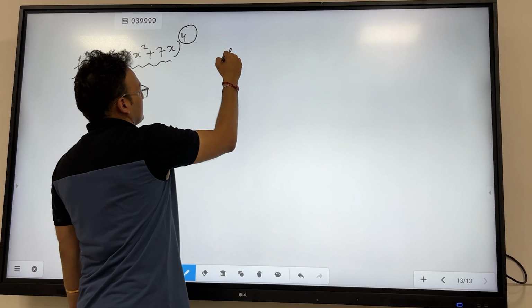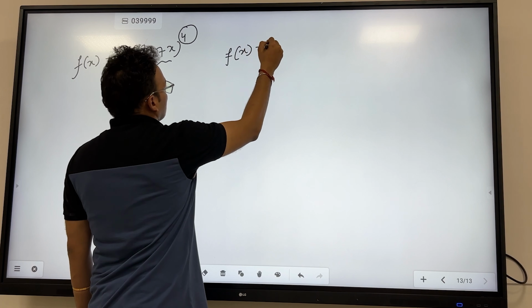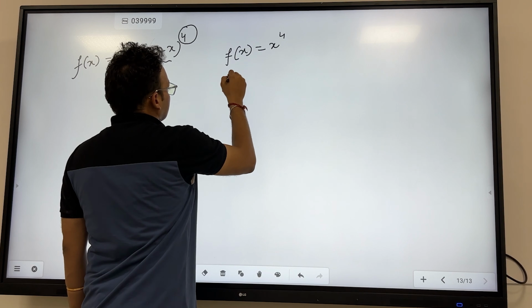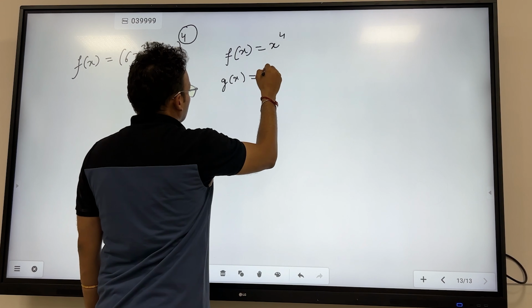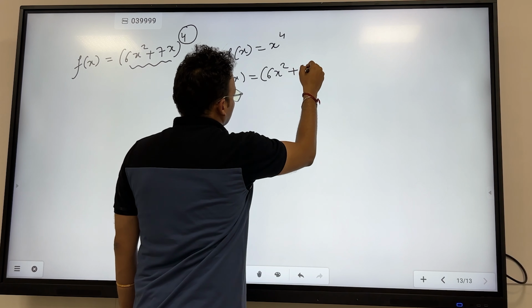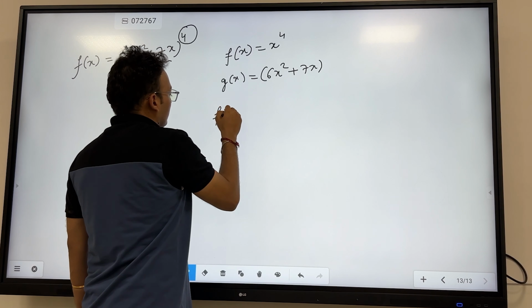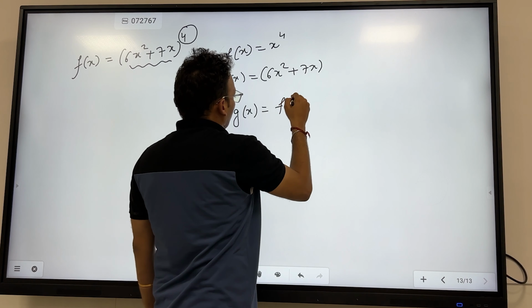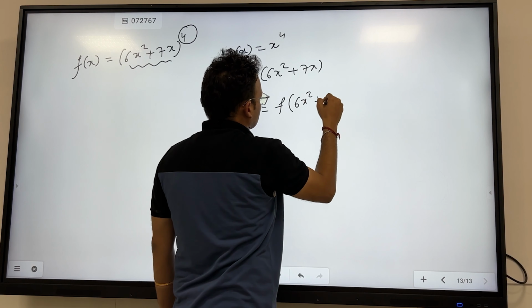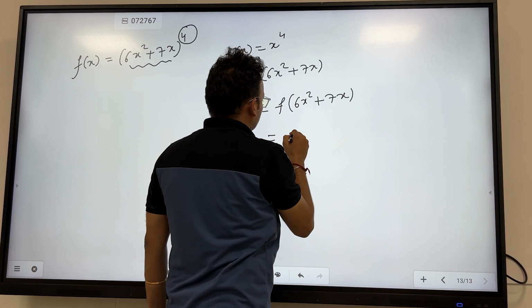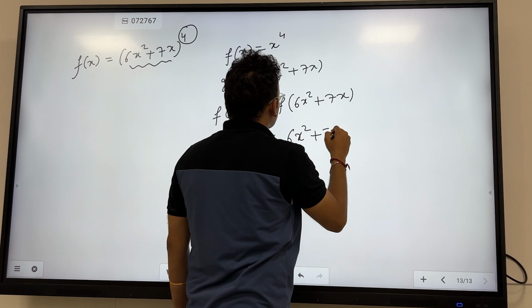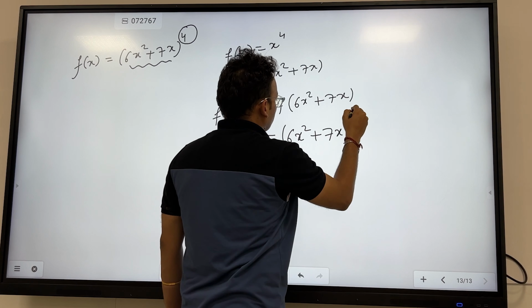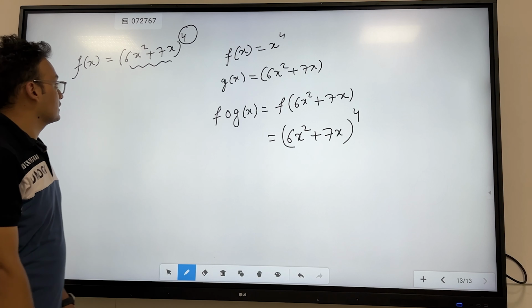How? If I say f(x) is equal to x raised to the power 4 and g(x) is equal to 6x squared plus 7x, then f of g of x will become f of 6x squared plus 7x, right? And this will become 6x squared plus 7x raised to the power 4, right?